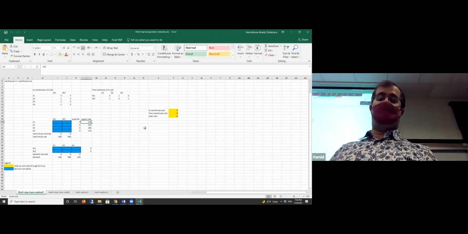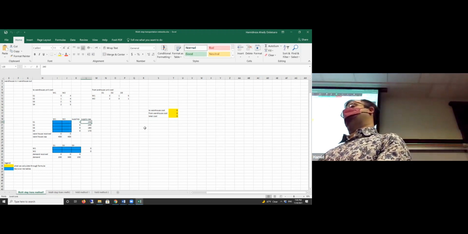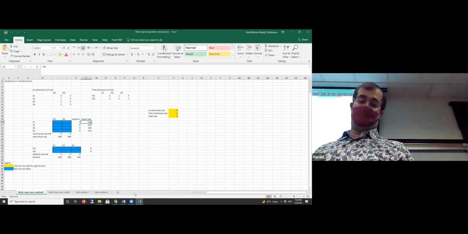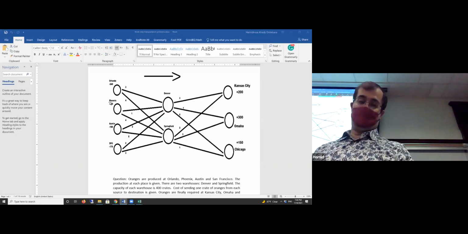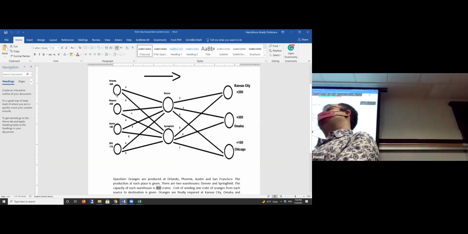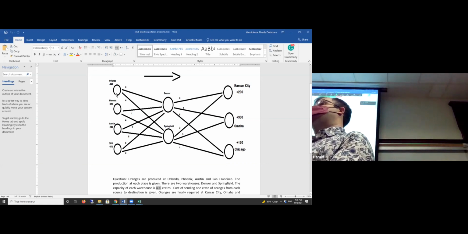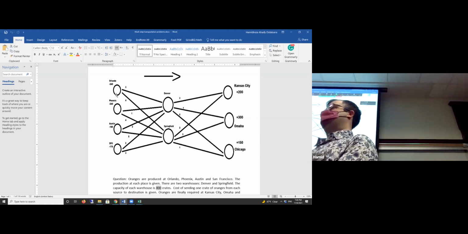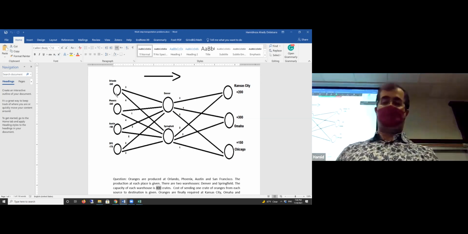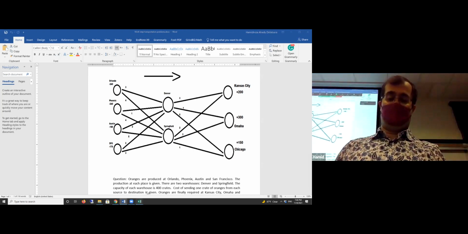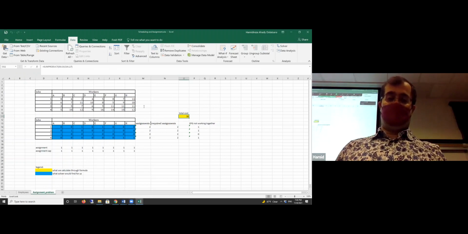Later, I check that it should be less than 240 because if you look at the problem, the capacity of S1, which is Orlando, is 240. I cannot send more than 240. So this is another constraint. Let's just close this one.